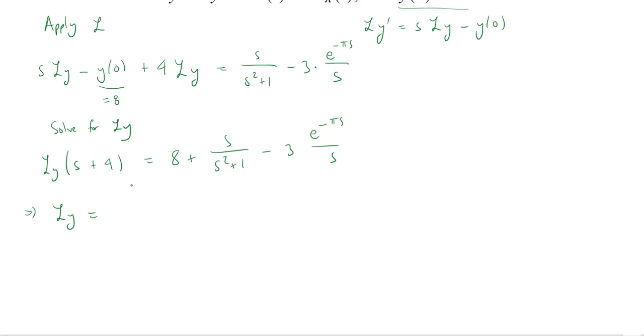So L of y is equal to 8 over s plus 4 plus s over s plus 4 times s squared plus 1 minus, okay, I'm going to rewrite this just a little bit because we're not going to be able to do partial fractions with the exponential up here, so I'm just going to pull that out to the front. So e to the negative pi s will come out, and I'm left with over here a 1 over s times s plus 4. Okay, because remember, I have to divide everything by this s plus 4.